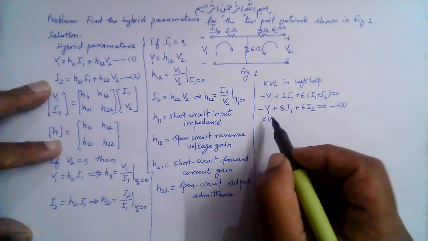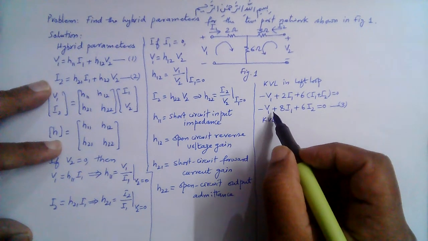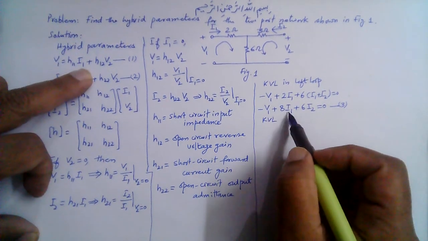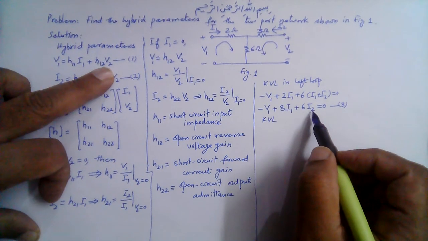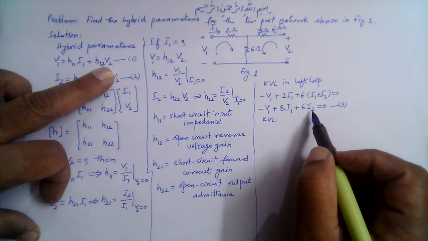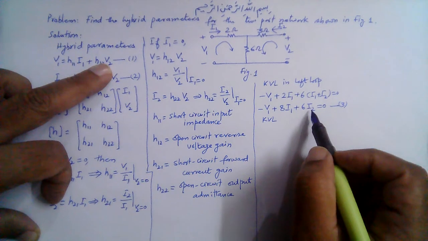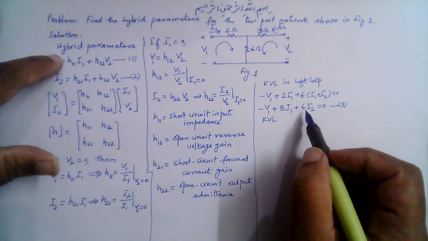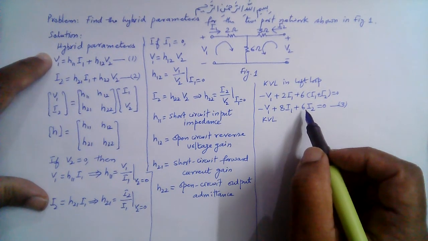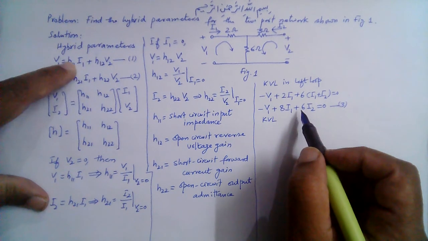Note that this KVL equation involves V1, I1, but I2 instead of V2. So if we eliminate I2 and replace it with V2, we will have an equation of the same form as equation number 1. So from comparison we can get the parameters h11 and h12 then.